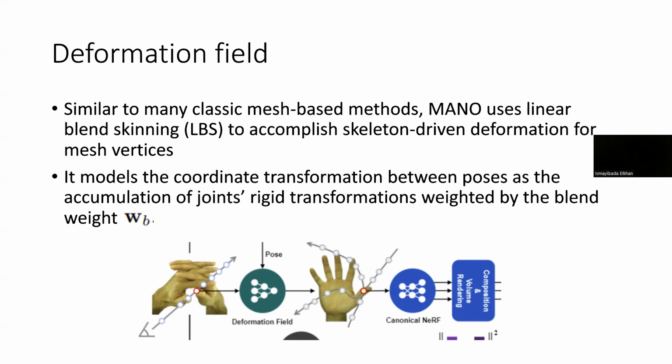Even though it is vague in the paper, from what I gather, for any pose that you present in the observable space, this deformation field tries to learn to transform each of the joints in the observable space to a generic hand pose in the canonical space.